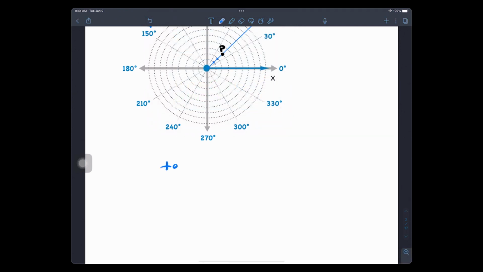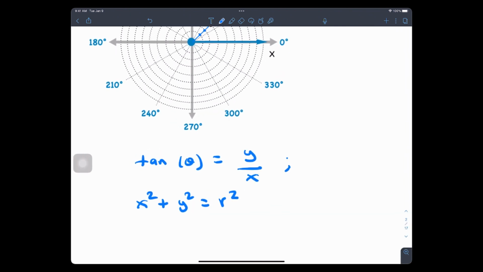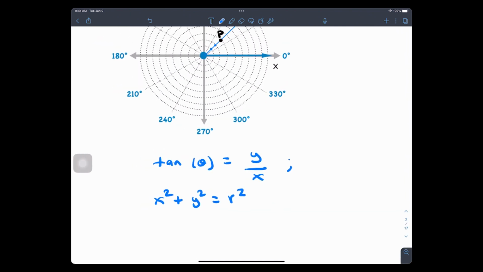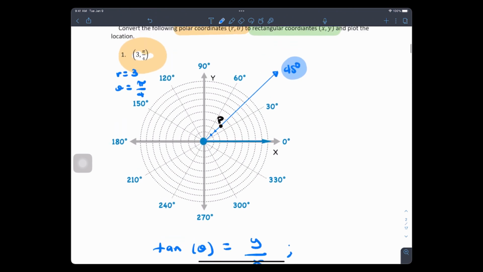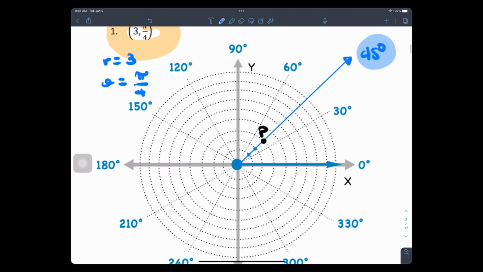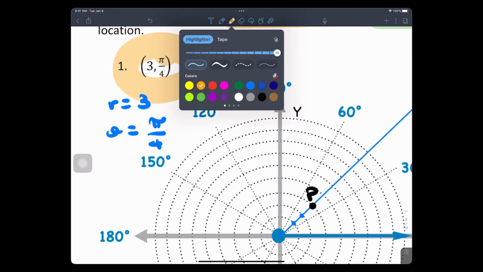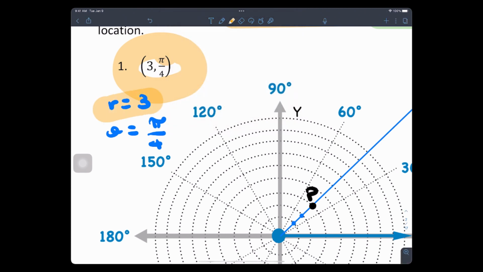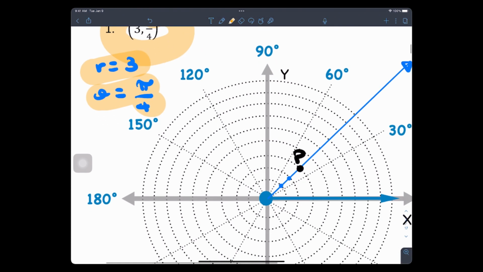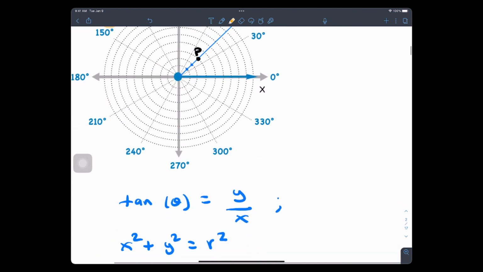We know tangent theta is y over x, and we also know x squared plus y squared equals r squared. So plug these values into your equations. r is 3 and theta is pi over 4.